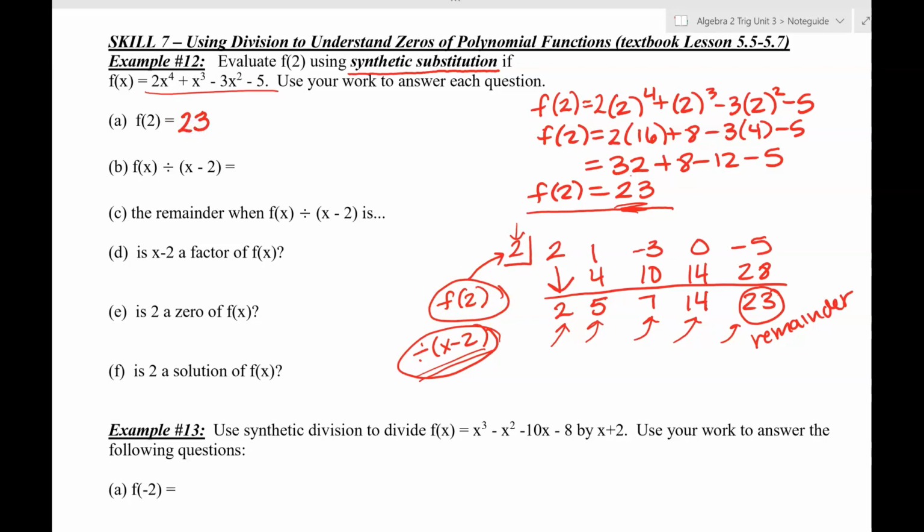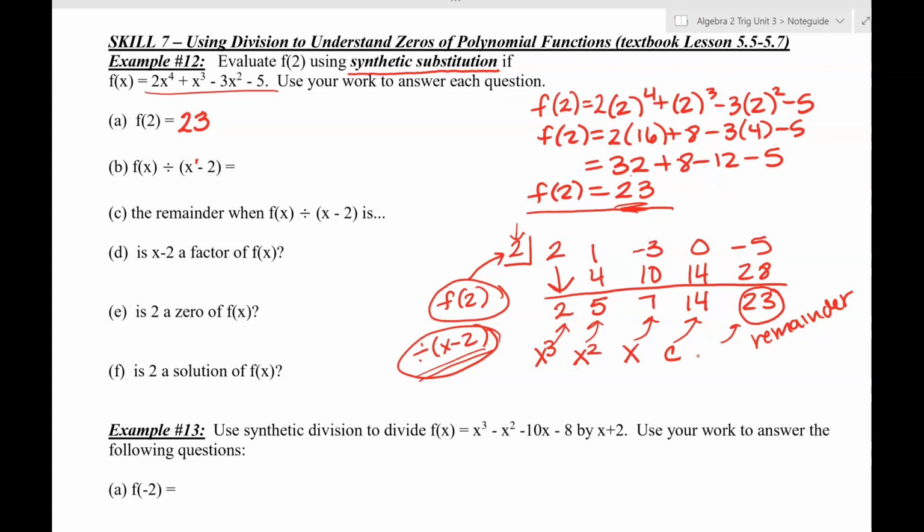What is f of x divided by x minus 2? We just talked about this. We had a 4th degree polynomial, and we would be dividing it by a linear function of the 1st degree. So this would be a cubed term, squared, linear, constant, and remainder.